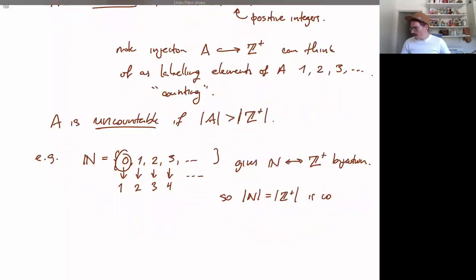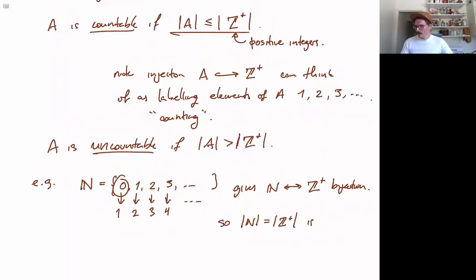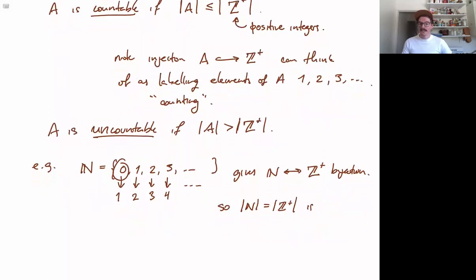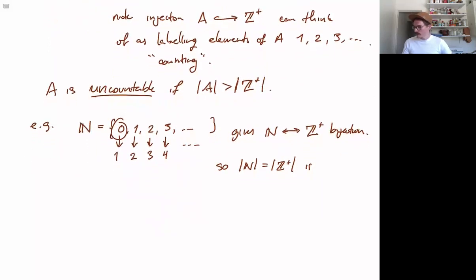There's a little bit of abusive language that goes on around these things. Technically, countable refers to any set that is no larger than the positive integers. But often it is used to mean a set that is infinite and the same cardinality as the positive integers.